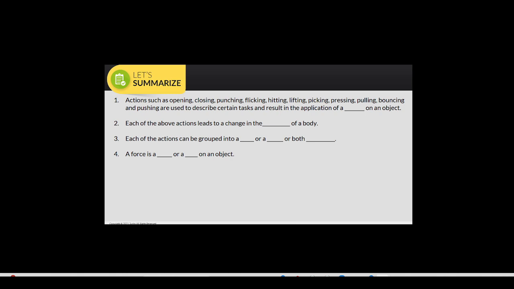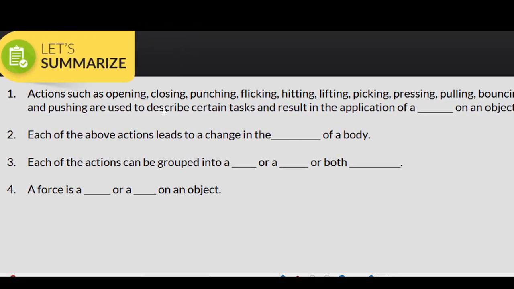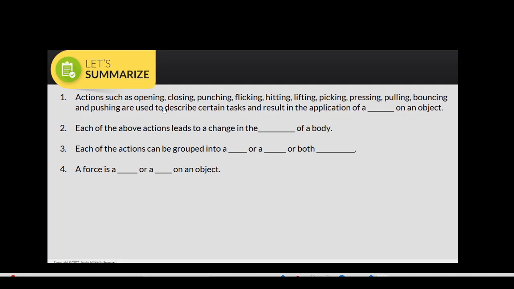Can you read the first one and tell me what you should put in the blank space? Actions such as opening, closing, punching, flicking, hitting, lifting, picking, pressing, pulling, bouncing, and pushing are used to describe certain tasks and result in the application of a force on an object.